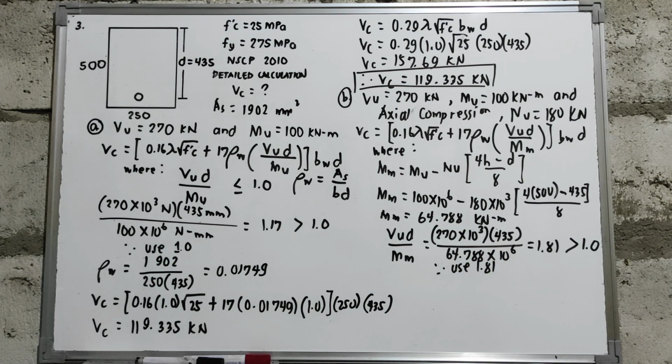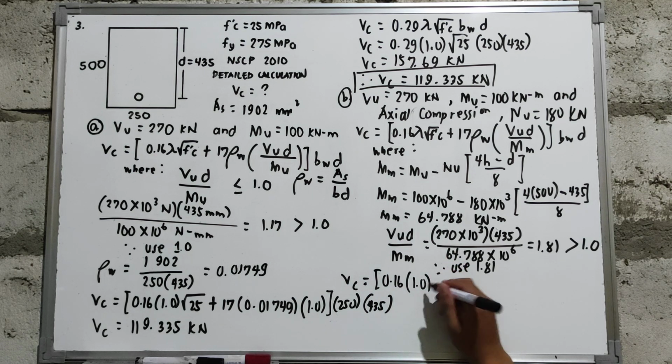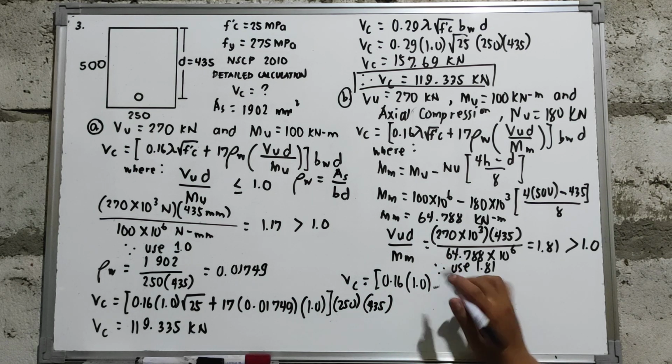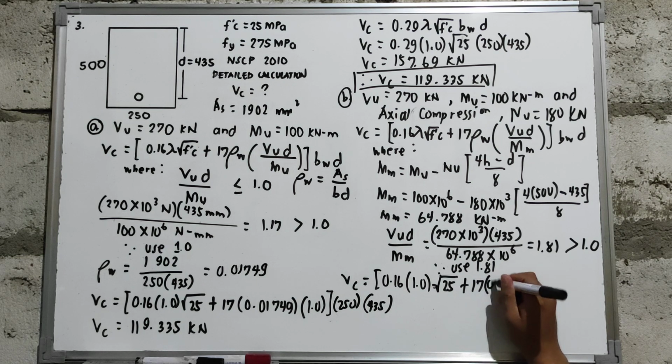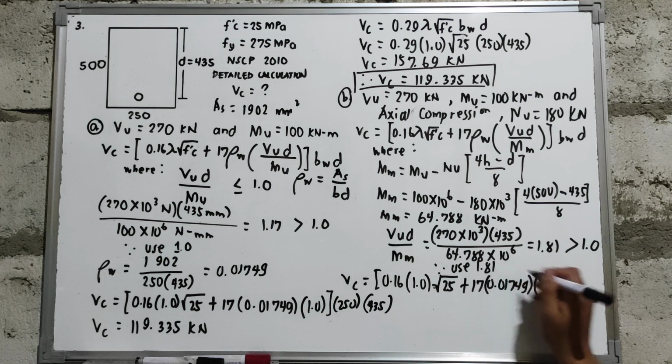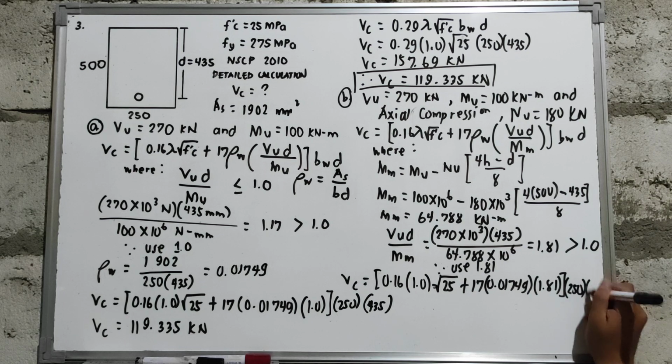So, substituting yung mga values natin para sa value ng VC natin, we have 0.16. Yung lambda natin, that is 1.0. Square root of F prime C. So, we have an F prime C of 25 megapascal plus 17. Yung steel ratio natin na 0.1749 multiplied by yung ratio natin na 1.81 multiplied by yung B sub W natin na 250, yung D natin na 435.